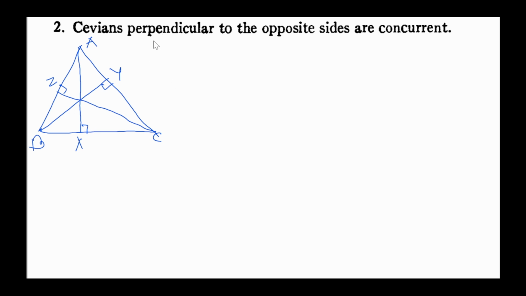Here we have AX perpendicular to BC, BY perpendicular to CA, and CZ perpendicular to AB.